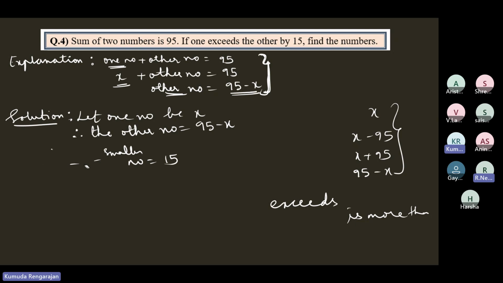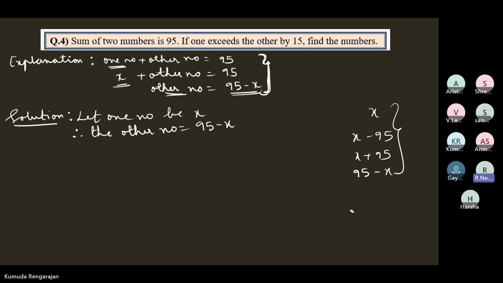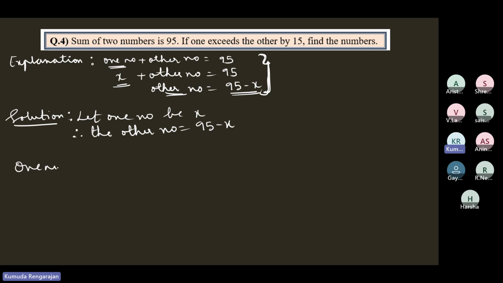Ma'am, I don't know, if one exceeds the other by, does exceeds mean maximum? No ma'am, I mean, it's like addition, ma'am. I didn't understand the para, ma'am. Yeah, sure. See, one number, what is given? One number exceeds the other number by 15.